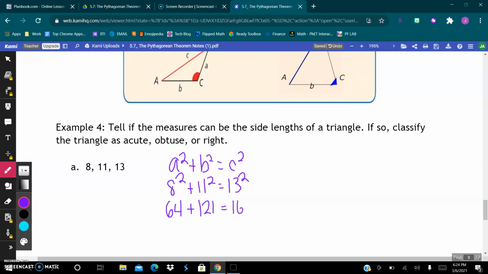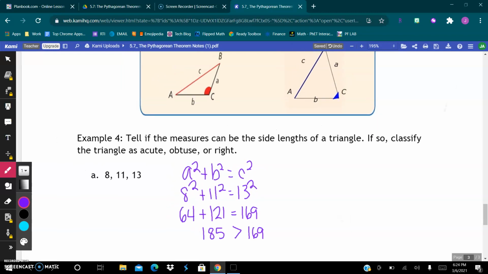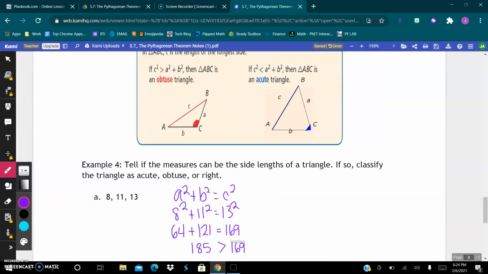And 13 squared is 169. And 64 plus 121 is 185. And 185 is larger than 169. And if that's the case, the 2 sides added together is larger.